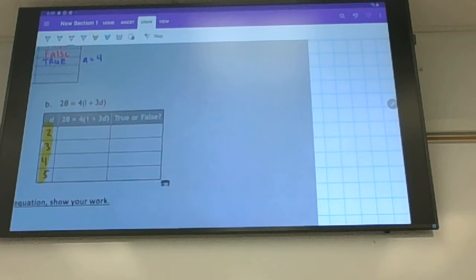Okay, should work over here this time. Is 28 equal to 4 times 1 plus 3 times 2? Is 28 equal to 4 times 1 plus 6?